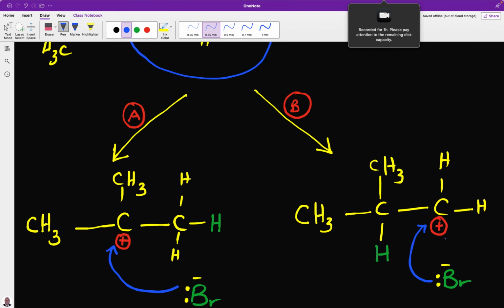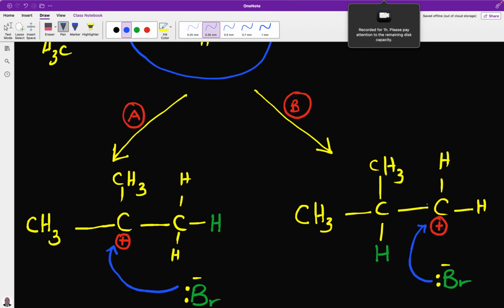This is a primary carbocation that is being formed. There is only one alkyl group attached to the partially positive carbon. In one case it is a tertiary carbocation, in the other case it is a primary carbocation.